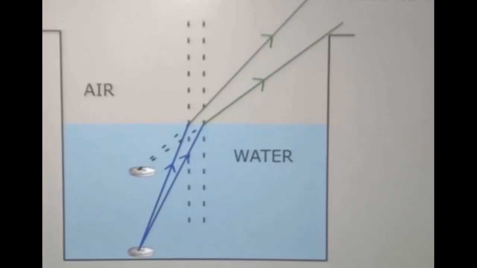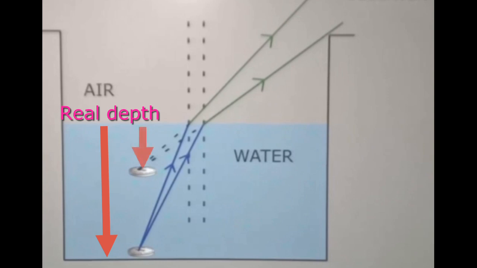Now, let's familiarize ourselves with some technical terms. The depth at which the coin has actually been placed is called real depth, and the depth at which the observer thinks the coin is, or the depth where the observer actually sees the coin, is known as apparent depth.